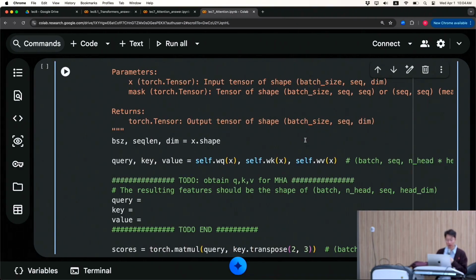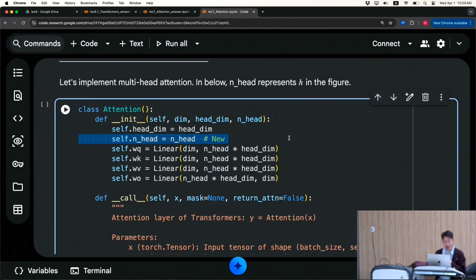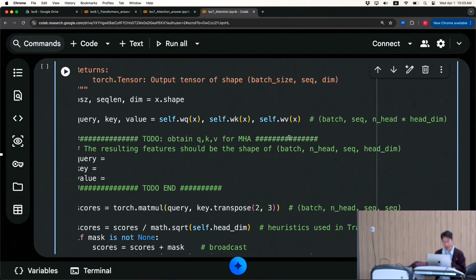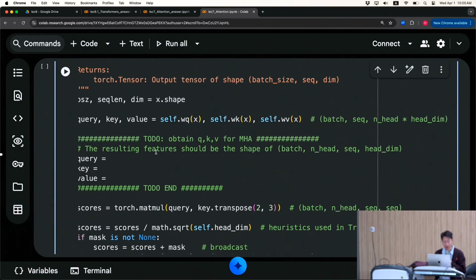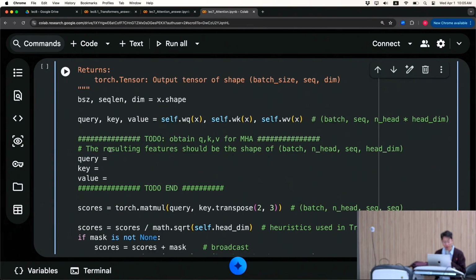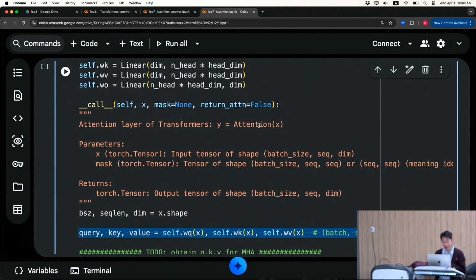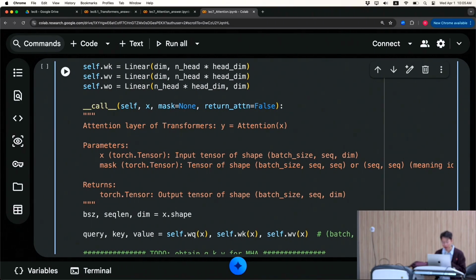Okay, so you're given pretty much the same code template. This guy is newly introduced, and looks like there's an unnecessary helper UI that's going to prevent me from scrolling left. Okay, so here, once you apply these matrices, now your output is of size batch size, sequence length by number of heads times head dimension.